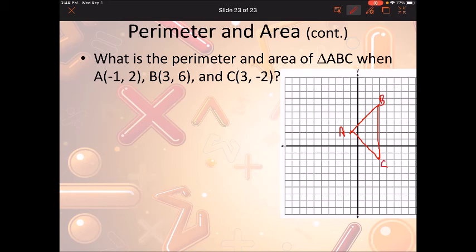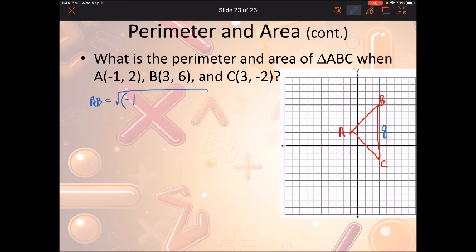So now to determine the perimeter. Side BC is going to be fairly easy. We started up here at 6, and we went down to -2. So there, this side here is 8. However, I do need to find the length of AB. The length of AB is equal to the square root of my change in my x's.